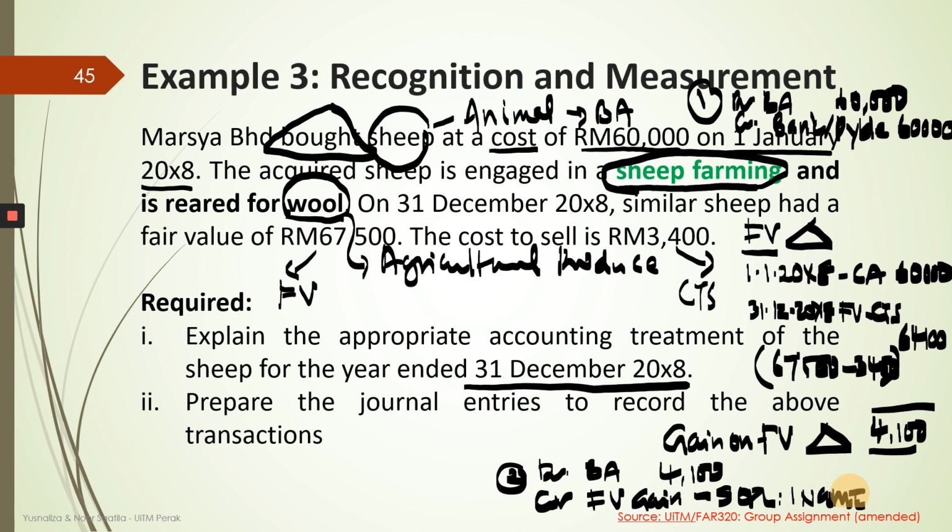How much? 4,100. So let's look at the requirement. You are asked to explain the accounting treatment in accordance with MFRS 141 and also to prepare the journal. I've already prepared the journal for you, but you want to see the proper presentation. Let's see that together now.